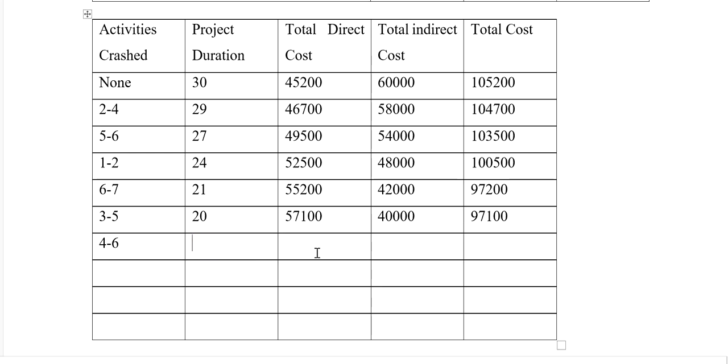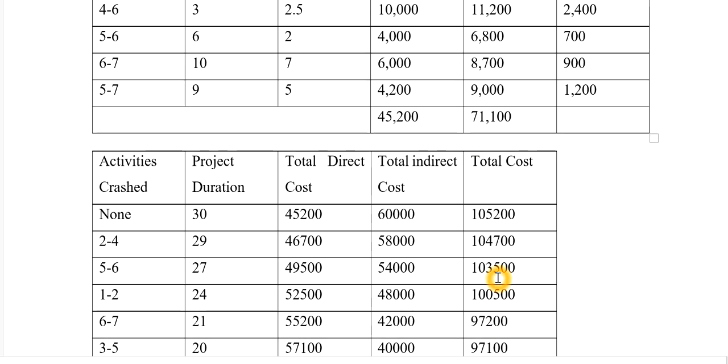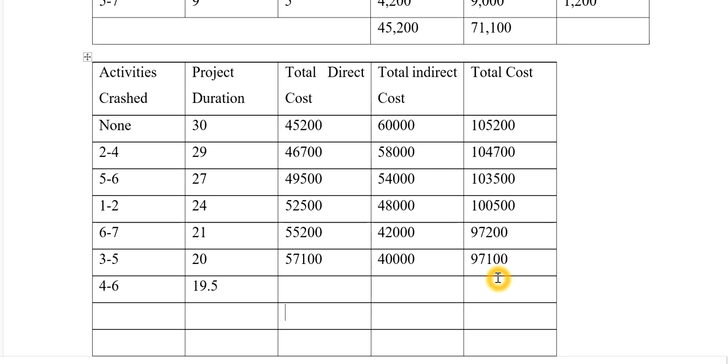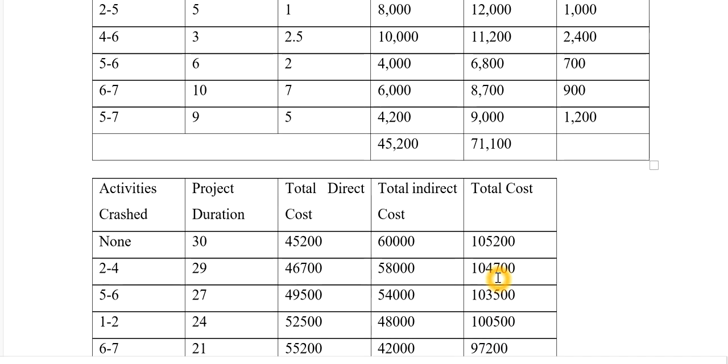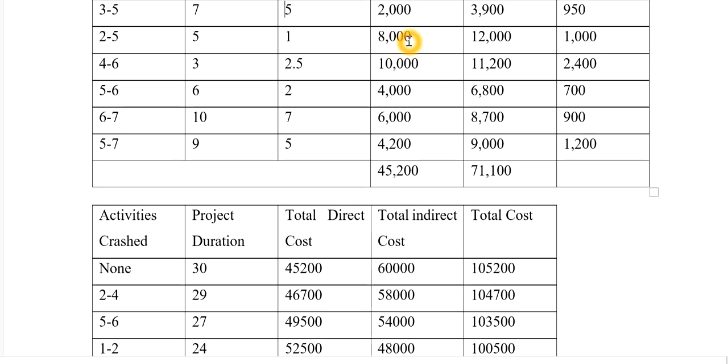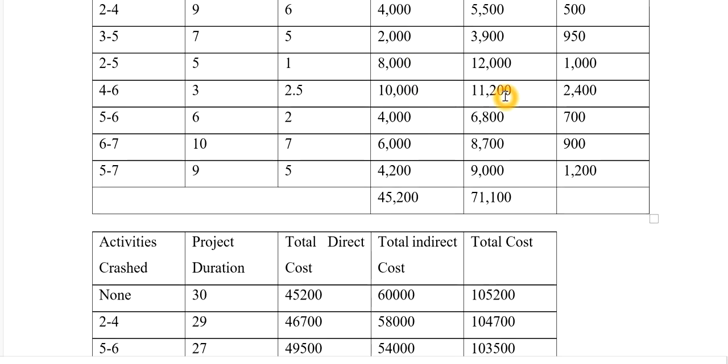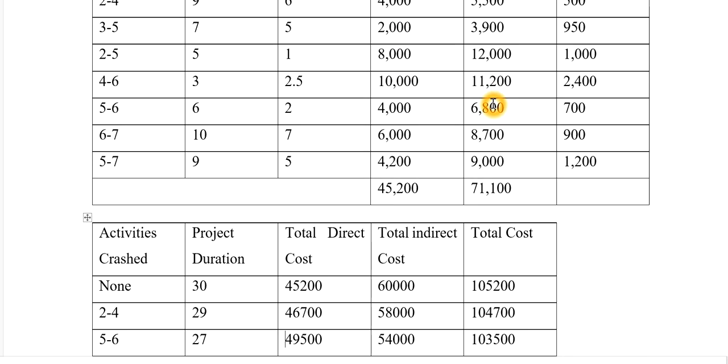So here we are. By crashing 4 to 6, the time is 19.5. Now by crashing, how much extra cost do I have to incur? 4 to 6. Okay. So here we are, 10,000 and 11,200. It means 1,200 more.